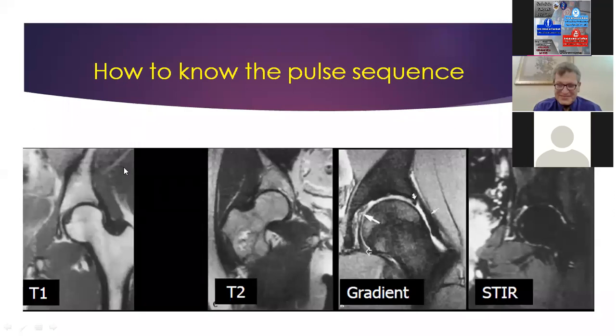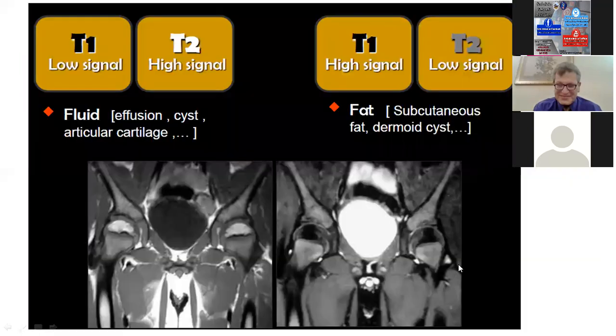This is the T1. This is the T2, time 2. This is the gradient, which is in between T1 and T2, and this is the STIR, the short T1 inversion recovery. One of the characteristic photos, we are looking for the fluid. So the fluid means cyst, effusion, the articular cartilage.